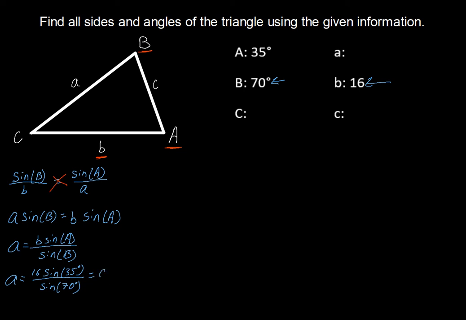When I plug it all in, I end up with 9.766, and I'm going to round to 3 decimal places. But if I ever need to use a again, I'm going to use all those decimal places that they give me. The more you use rounded answers, the more rounded your numbers will become. So a is 9.766. And I'm going to clean up my picture a little bit by erasing those.